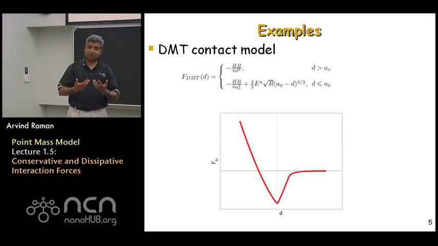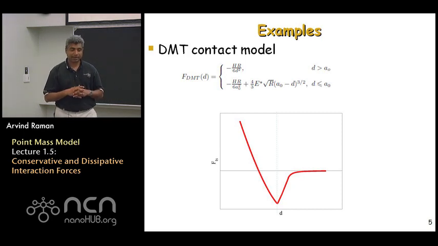Van der Waals forces between a sphere and a flat sample do go by the inverse distance square law, which again means that it's a conservative force because it does not depend on the direction in which you're moving. It just depends on the position d of the tip relative to the sample. So this would also be a conservative interaction force. And the repulsive part is also conservative because it depends only on the position of the tip d with respect to the sample surface.